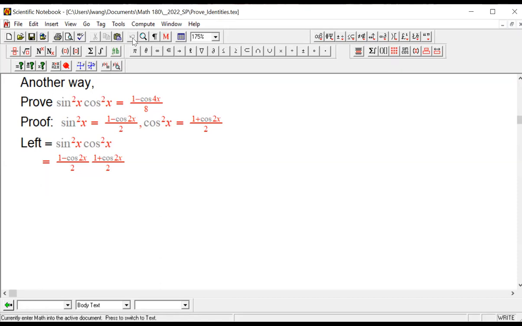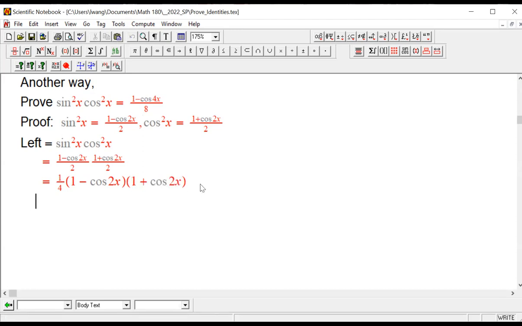I'm starting from the left, going towards the right. So now I get a quarter, and I got two parentheses: 1 minus cosine 2x, and the other piece is 1 plus cosine 2x.